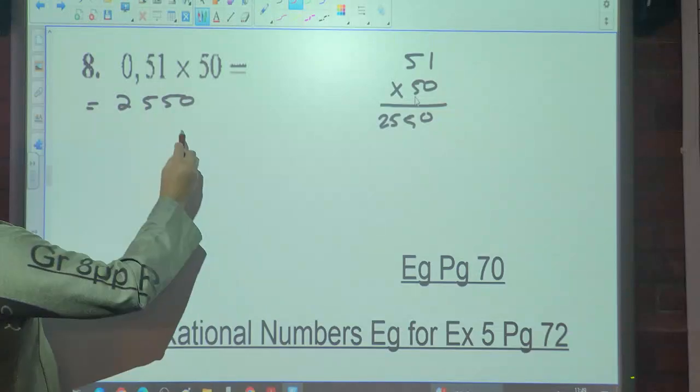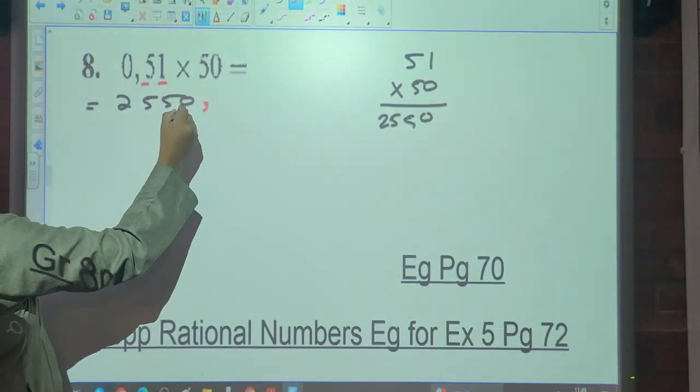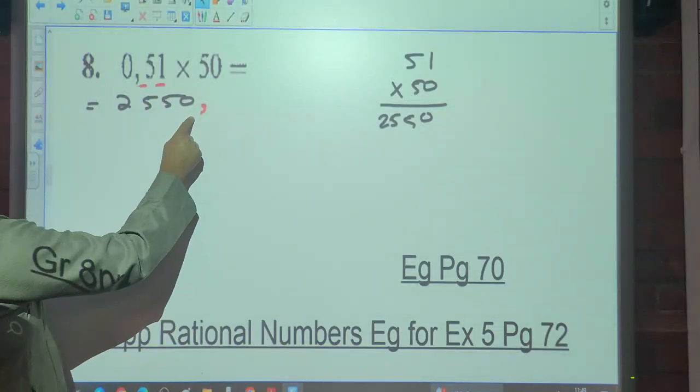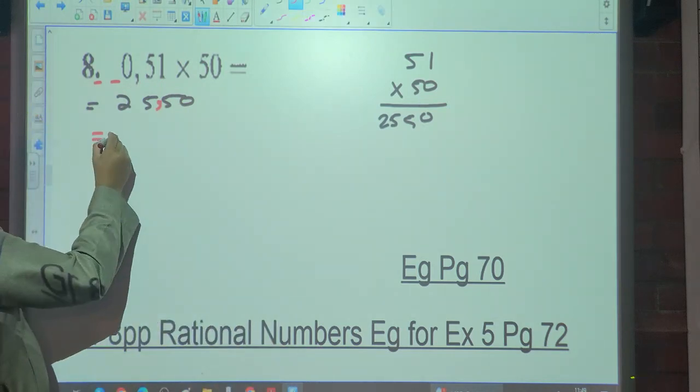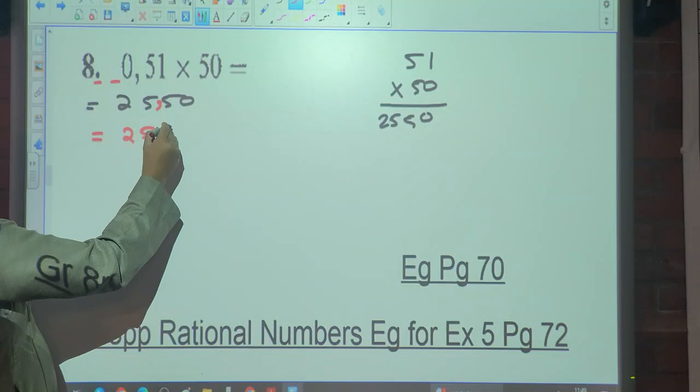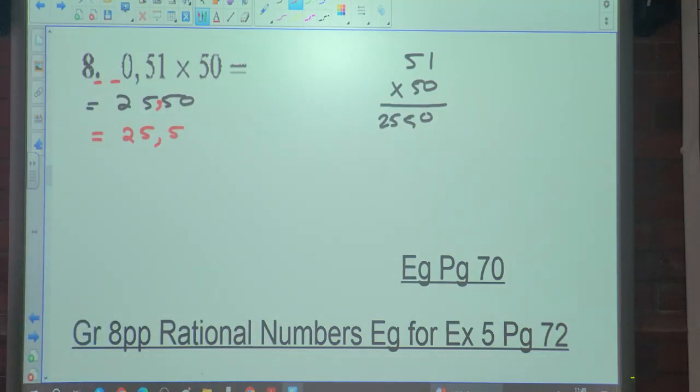But how many digits are after the comma? 2. So this must move 2 units. So it's 1, 2. So the answer is 25,50. Do I need that 0 here? It's not going to make a difference to us. So we leave it as 25,5.